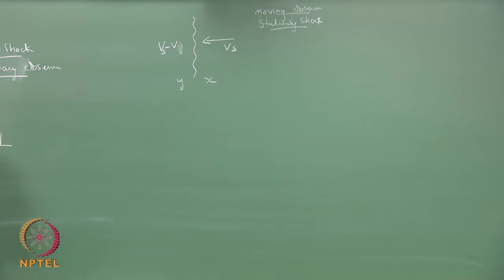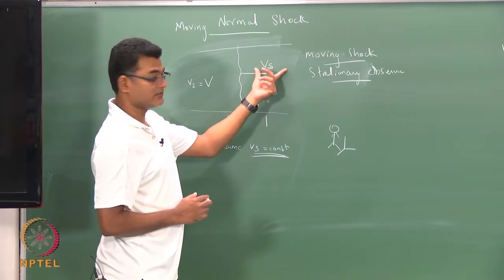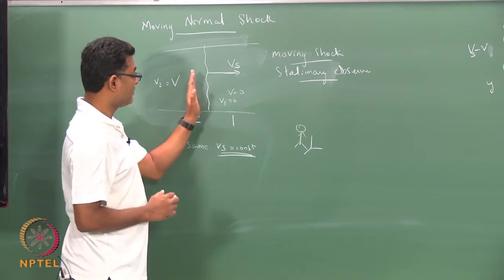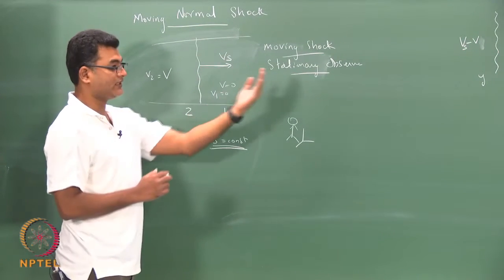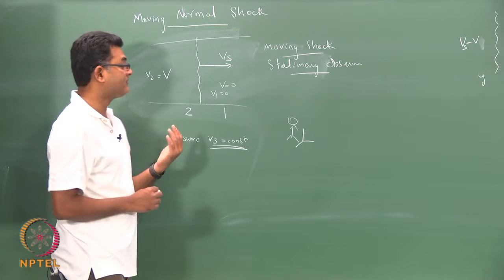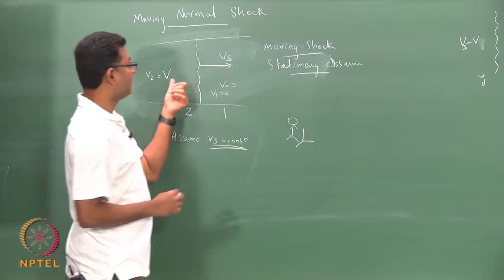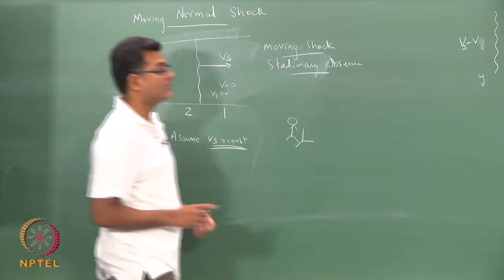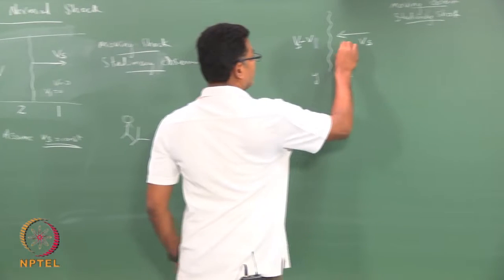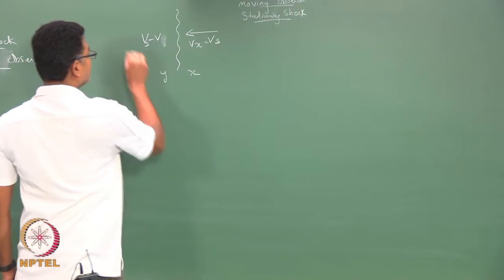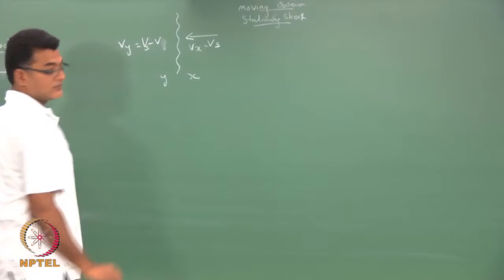If I am moving along with the shock, I would see the fluid approaching me with Vs and receding from me with V minus Vs. That is precisely what we have. So, my Vx is Vs, and Vy is this.